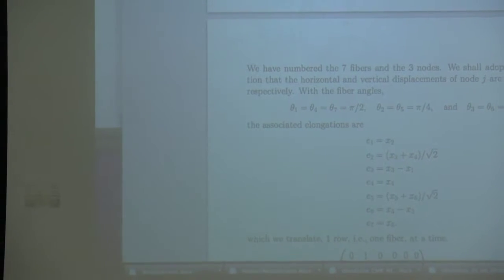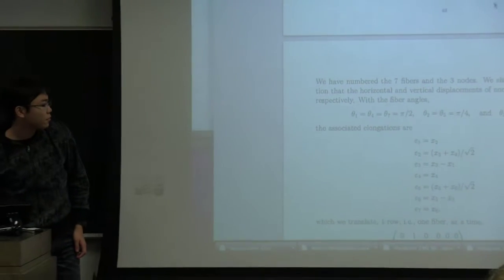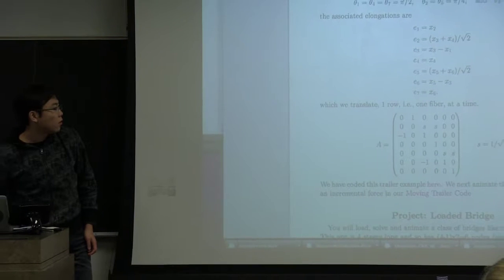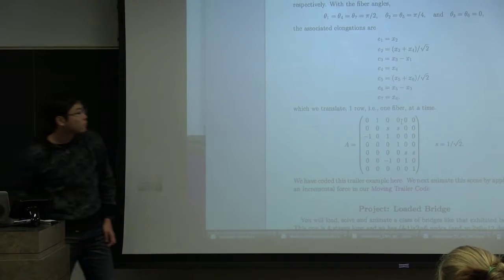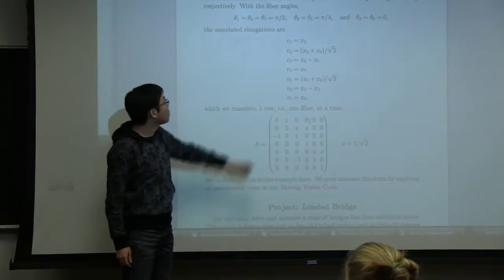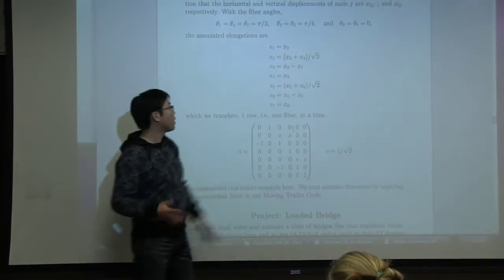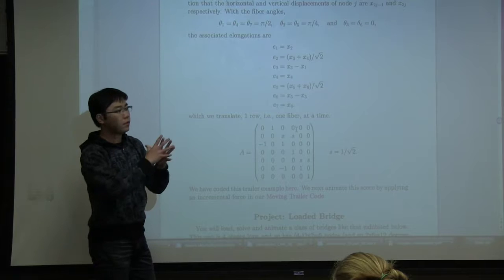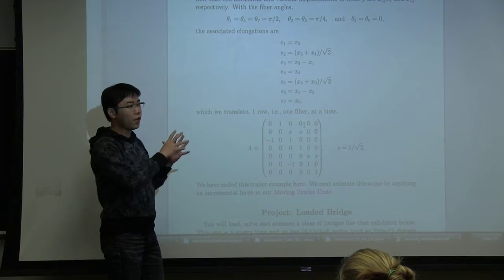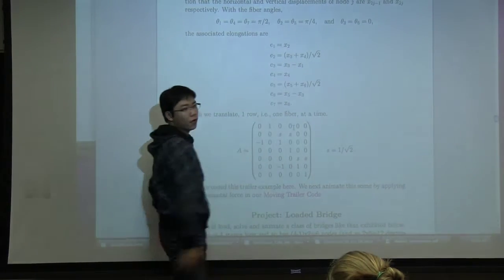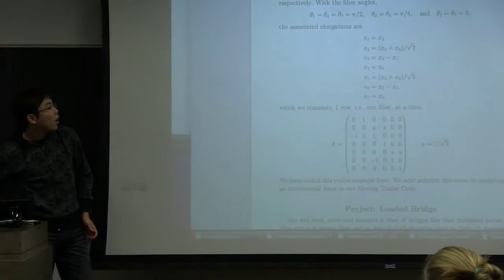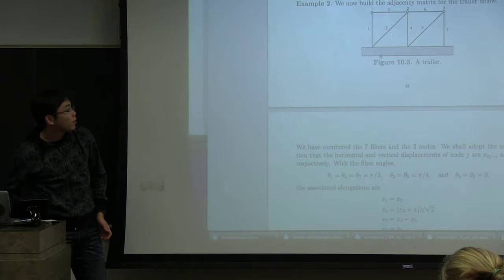And there are 7 edges, so there are 7 rows and 6 columns. All of this is just trying to say that the displacement of each edge is caused by those factors, because you can see how the edges are connected.